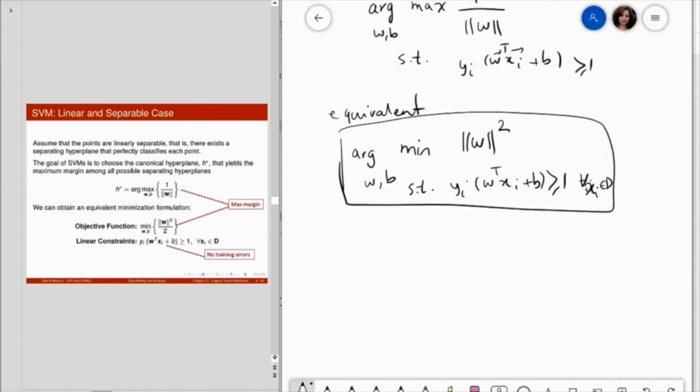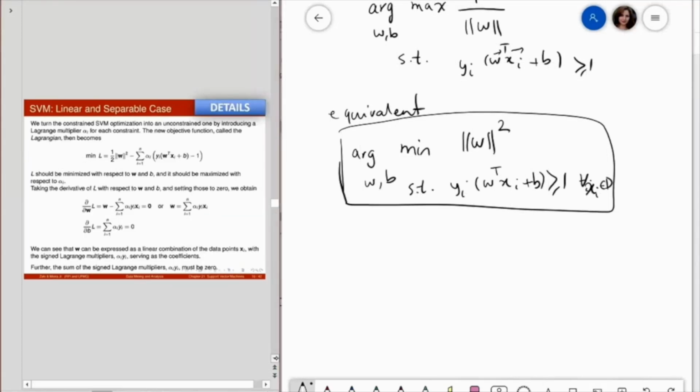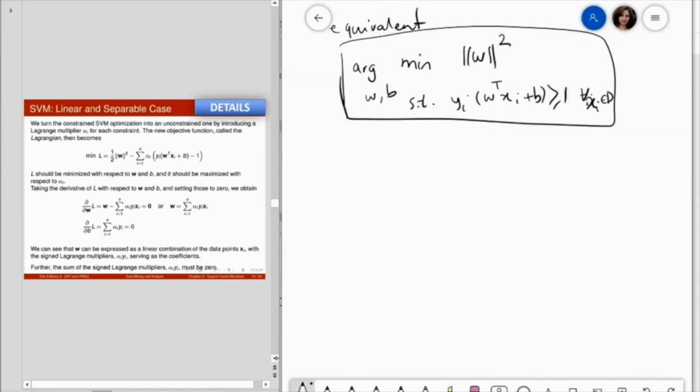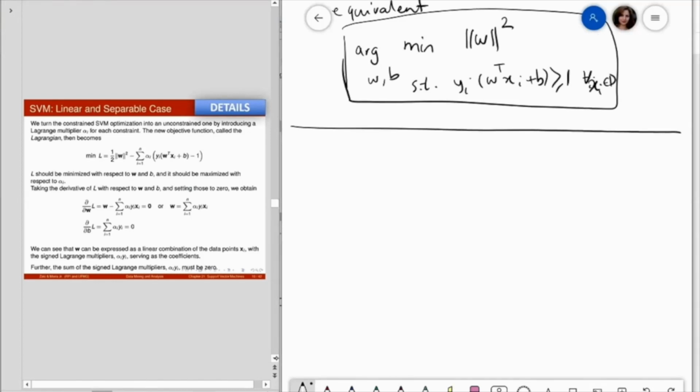So let's try to see how we can find W and B using this new optimization objective function. So now we want to minimize norm of W squared such that we have these linear constraints. How can we take care of these linear constraints? We use a specific method called Lagrangian. What we do here with Lagrangian is that we add the constraints to the objective function directly, and we just add some other conditions.